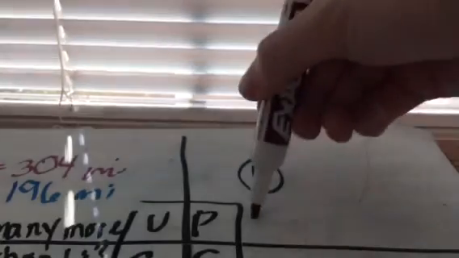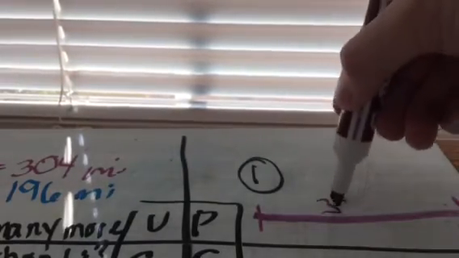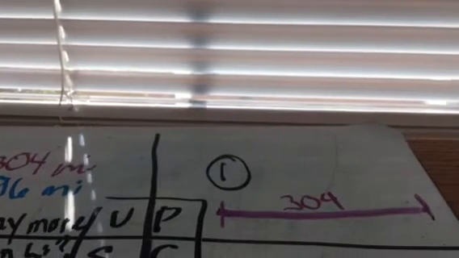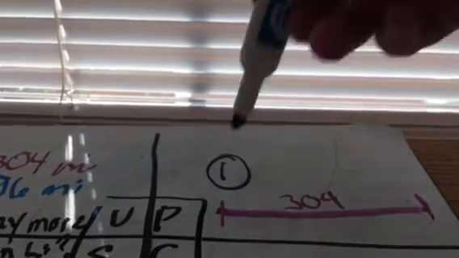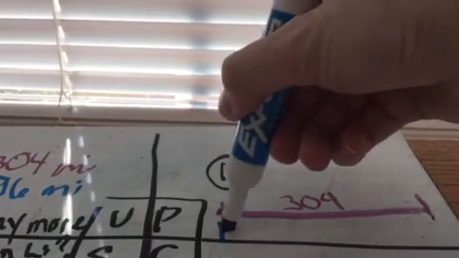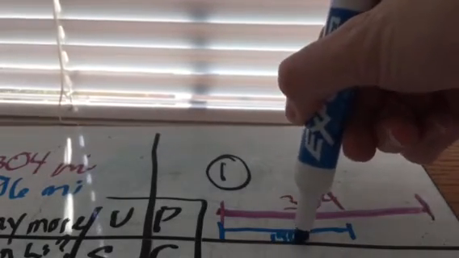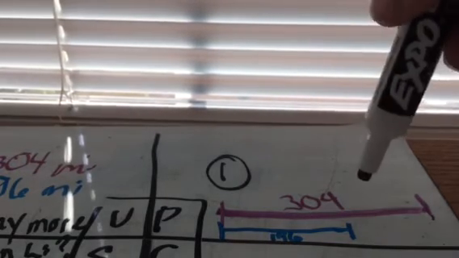So I know that Larry went this far. This is my 304 for Larry. Okay. I know that Lisa is not going as many miles. She's going from her house 196 miles. I want to know how much more did Larry travel?